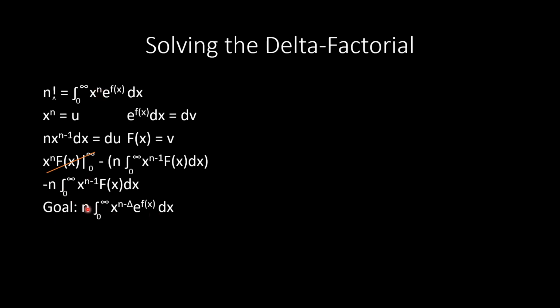Now, we see that since the integral is in the same region, they have the same bounds, and the factor is only off by a negative sign, we can actually set these equal and solve it.